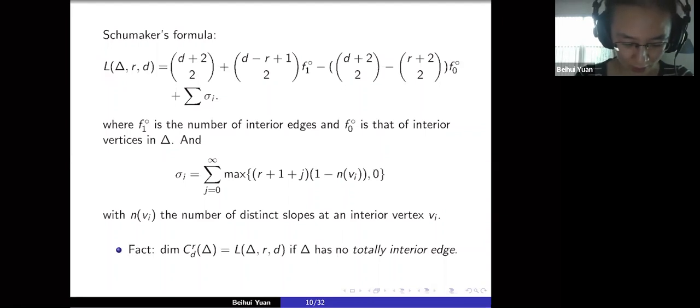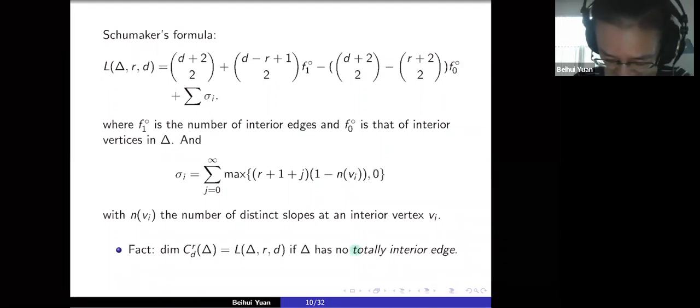And what's the good thing here? The good thing is that sometimes this actually gives you the dimension of our spline set. And this works if delta has no totally interior edge. So you will ask, what does this mean, totally interior edge?